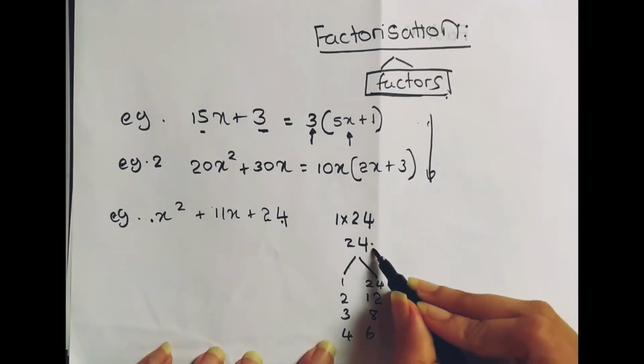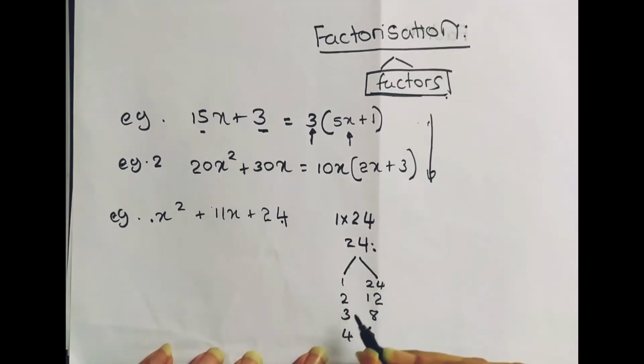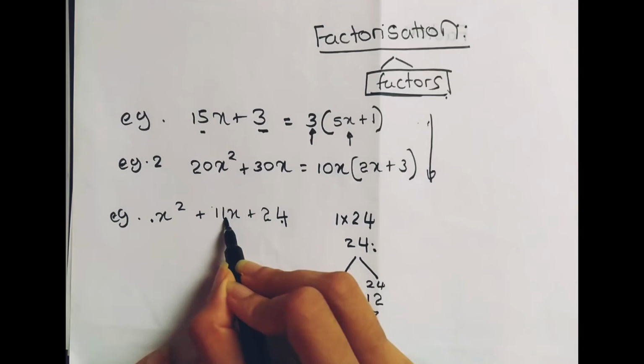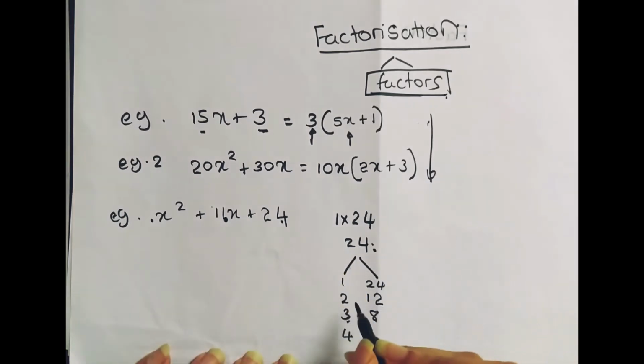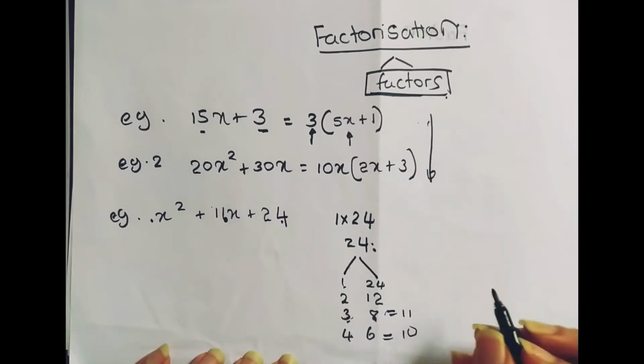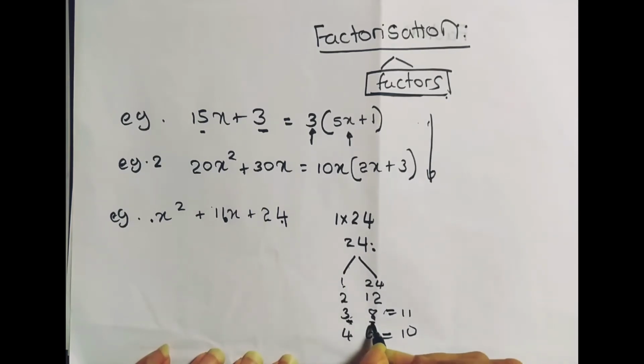And we are going to see, when you add these two, whether you will get 11. So 1 plus 24, no. 2 plus 12, no. 3 plus 8, yes, this is 11. 4 plus 6, this is 10. So 11 is given by 3 and 8.